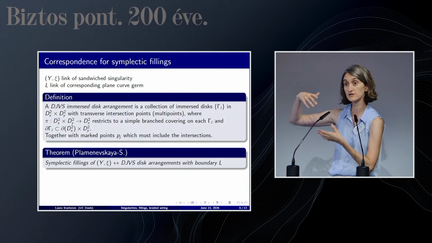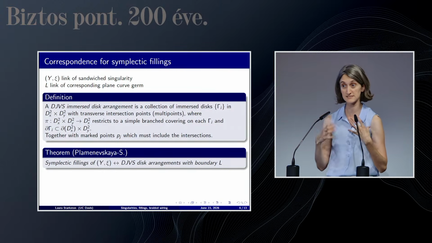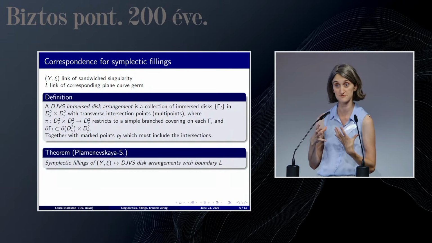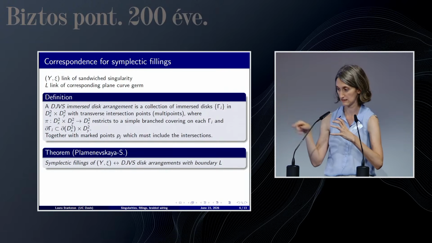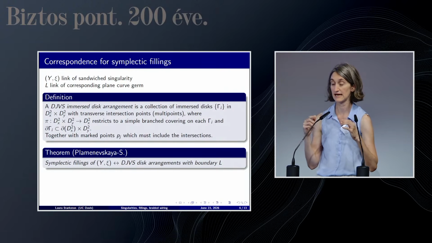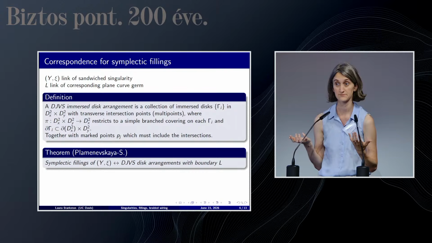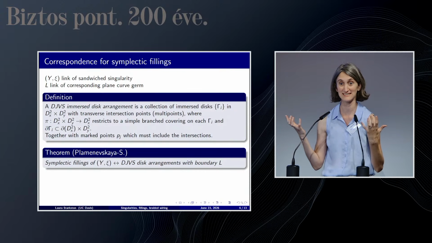And I can look, just like I looked at the link of my surface singularity, I can look at the link of my curve singularity. So I take a 4-ball in C2, and I intersect that 3-sphere with my plane curve, and I get an actual link in S3. So link this time means a link in the classical sense of knots and links.